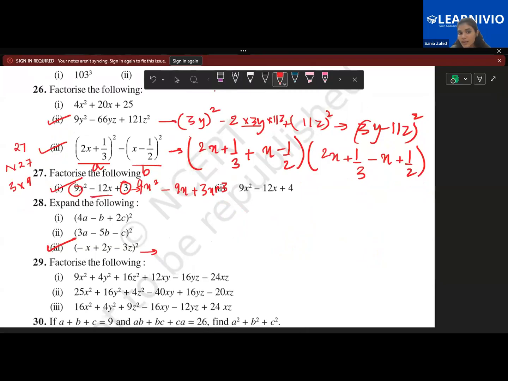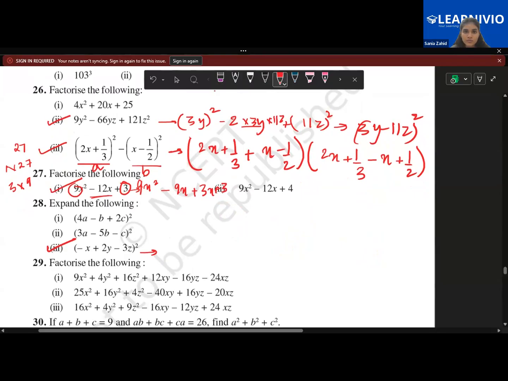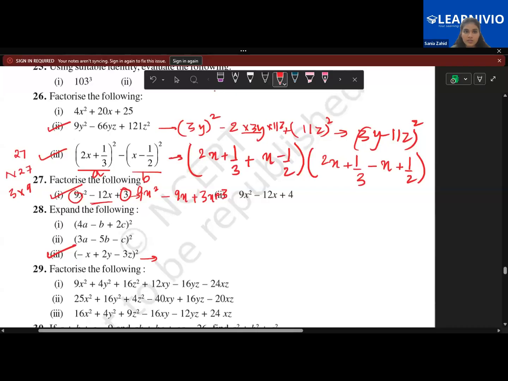I've just split minus 12x as minus 9x and plus 3x. You understood this part, children? No ma'am, I was saying about the third bit of question 26. So this part, children. Yes ma'am. Ma'am, the part you have erased, only that one. Okay, the part that I erased. One minute.